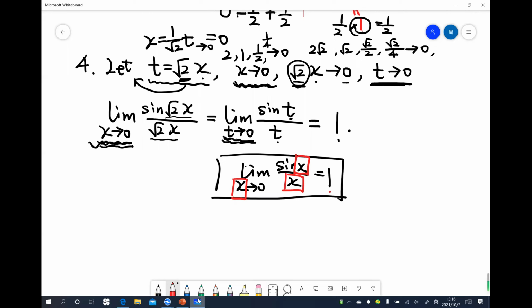No matter how I write it, as long as these 3 parts are the same, then the limit is 1, because we can always let another variable be here. So that can be the same formula. So after the break, we will practice more exercises to let you know the more general form of this formula.